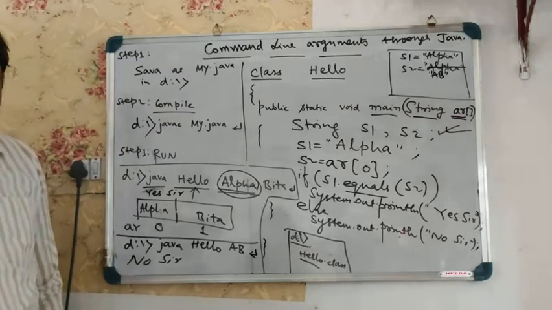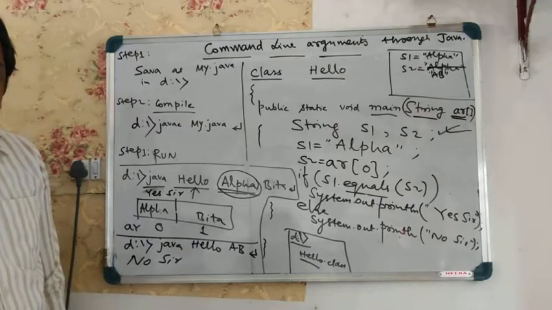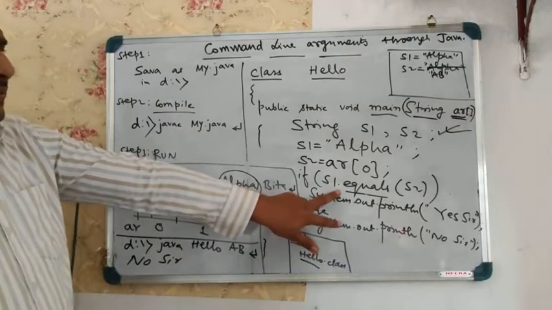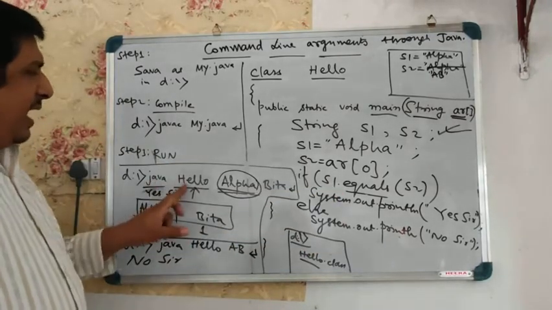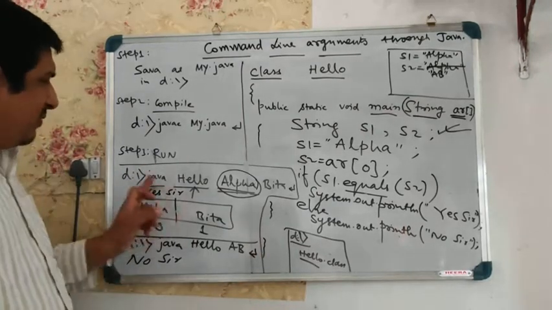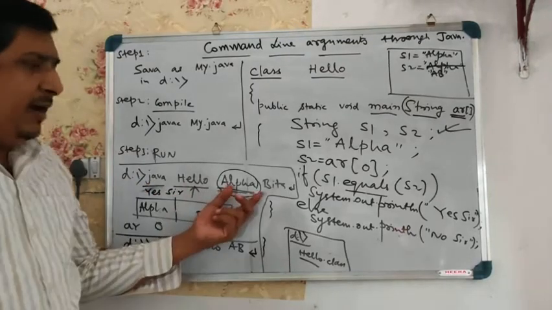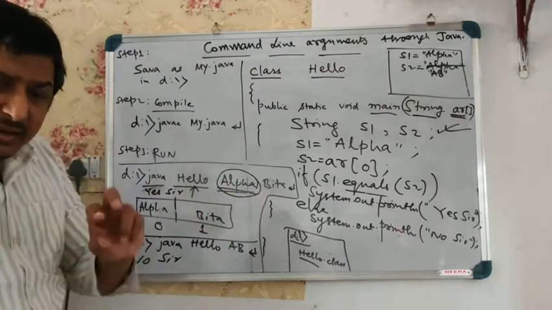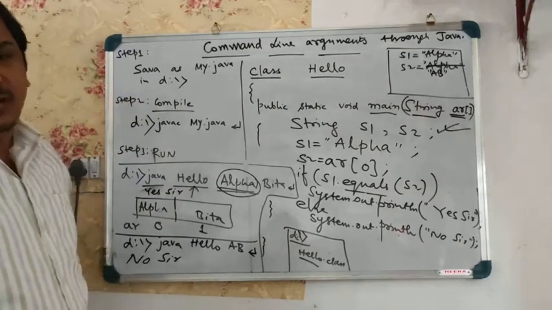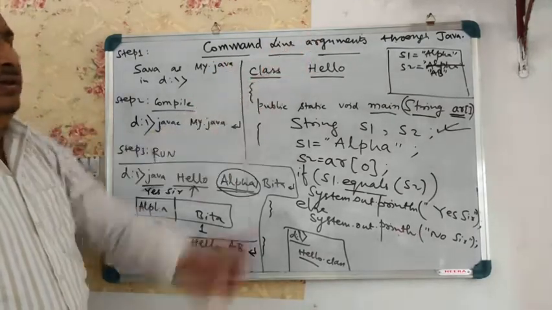If I do this, I will get A. If I do that, I will get B. So what will I provide him? I will provide him this facility, that sometimes Java hello 1, think that addition will be shown. Java hello 2, division will be shown. So in the same program, by varying the argument data, I can change the whole behavior of the program, and that is the beautiful aspect of command line arguments.